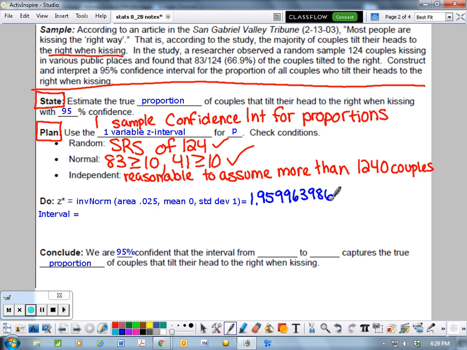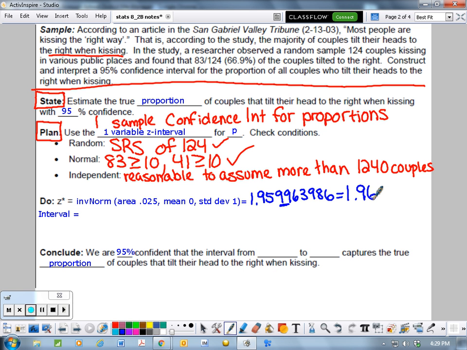Now keep in mind that when you're calculating confidence intervals, the more decimals you use, the more accurate your answer will be. If you round here and you round later, you're going to have bigger error, and you may be just far enough off that it doesn't really count. So this would probably be okay to round to 1.96, because this is really so close to 6 that it's not that big of a difference or an error. So you would be okay with doing that.